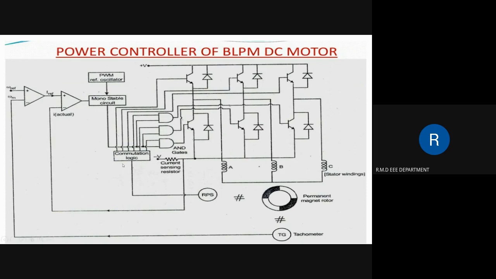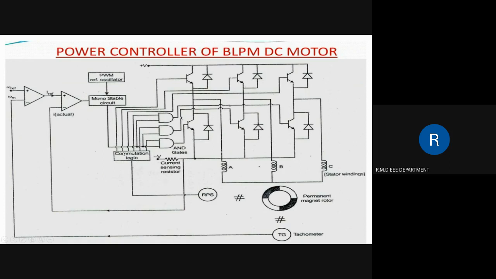The signal from the rotor position sensor is fed to the commutation logic circuit, which in turn produces the output signals to switch on and switch off the various semiconductor devices of the electronic switching of the brushless permanent magnet motor. The optical position sensor and Hall effect sensors are the most popularly used rotor position sensors for brushless permanent magnet motor.